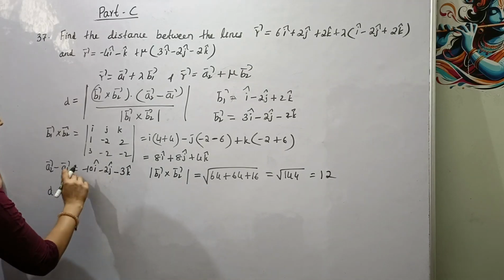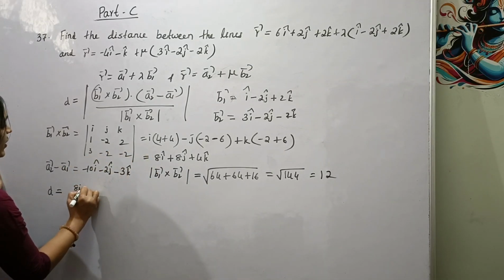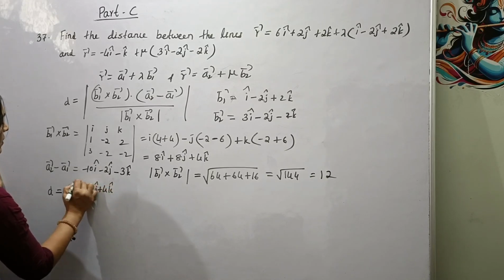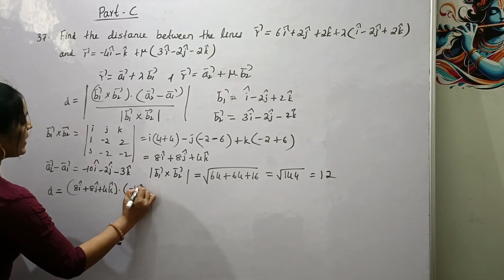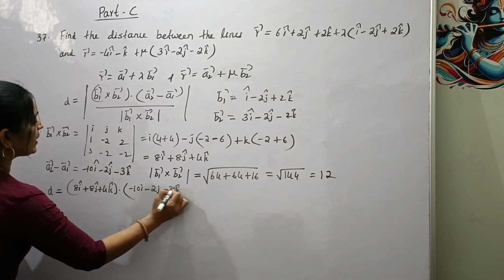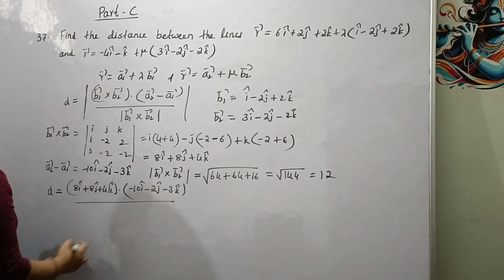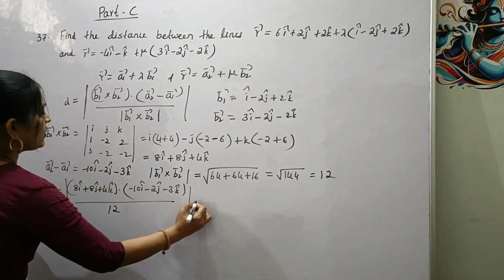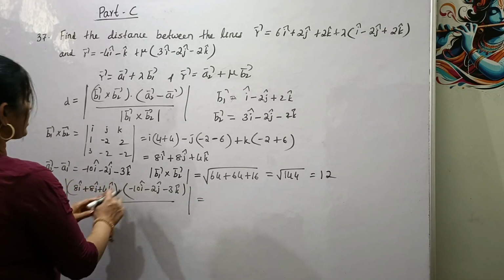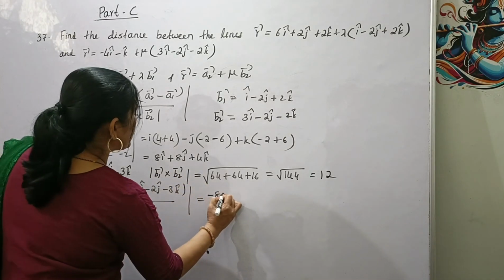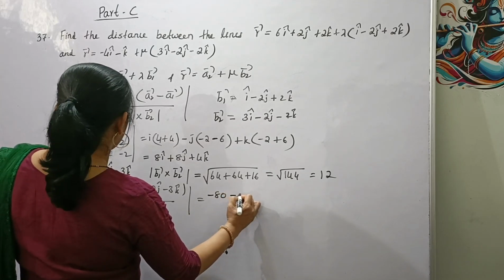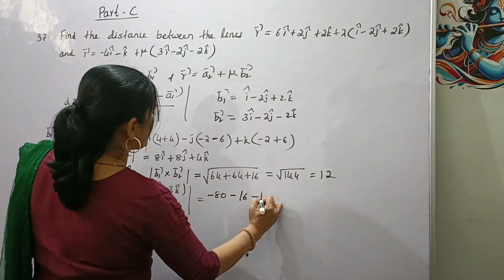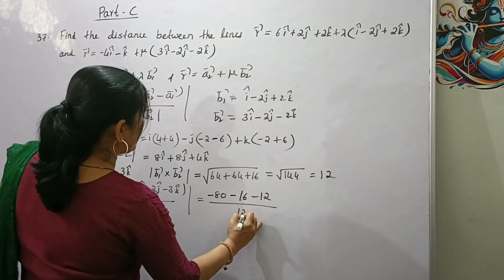Find the dot product. Vector b1 cross vector b2 is 8i plus 8j plus 4k, dot minus 10i minus 2j minus 3k, divided by the modulus of vector b1 cross vector b2, which is 12. That is equal to, find the dot product: 8 into minus 10 is minus 80, minus 16, minus 12, divided by 12.